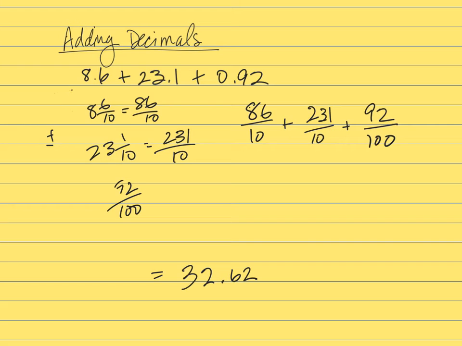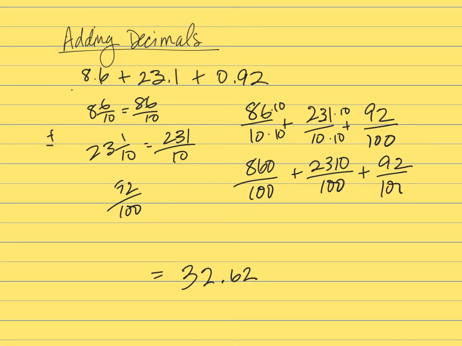So in order to be able to add those together, they have to have a common denominator, right? So the common denominator, the largest one we have is 100, so the other two are 10. So we have to do a little bit of multiplying in both the numerator and denominator in each. And then we can go ahead and add them all up. And if we notice what happens if we add, now we're just adding whole numbers, right?